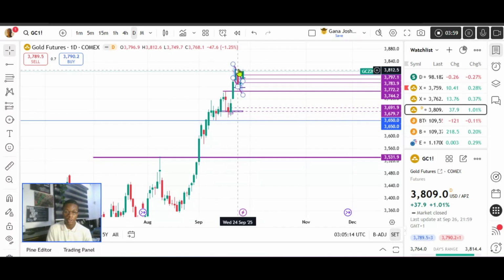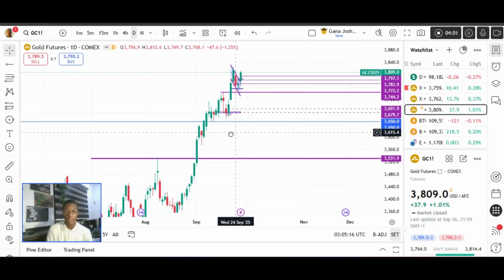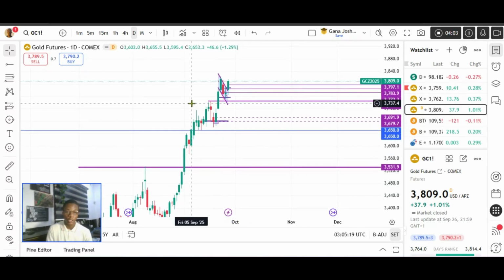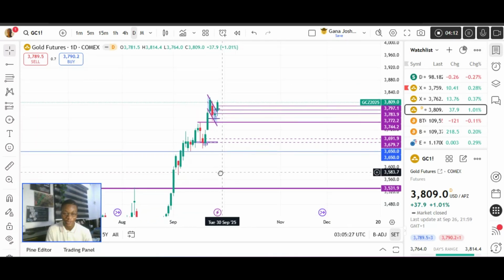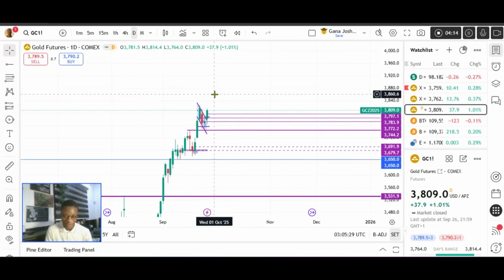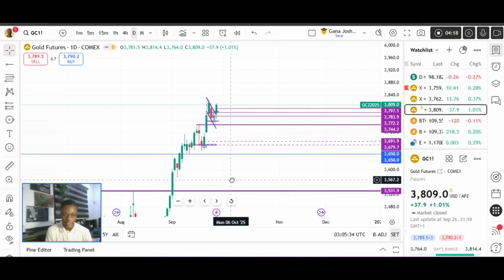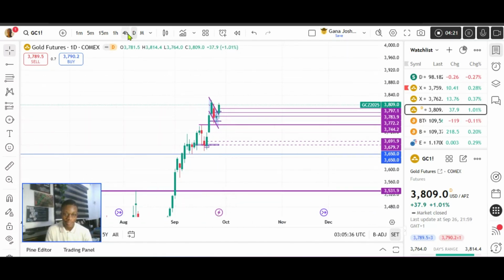Look at this month here, and this whole September has just been bullish. So how is next month going to be? October, is it going to continue being bullish or bearish? It will change.